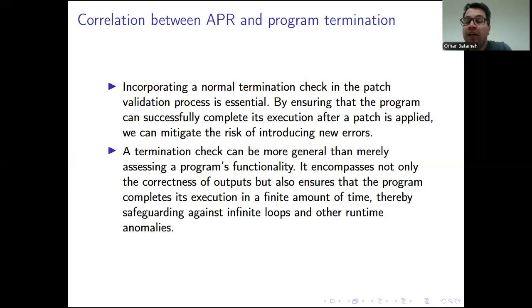Then we can mitigate the risk of introducing new errors, particularly crash errors. If the program terminates successfully, then there is no run in which the program crashes, or hangs forever. We don't have infinite loops, we don't have memory violation errors, and a list of other errors that cause the program to terminate abnormally or even to fail to terminate.